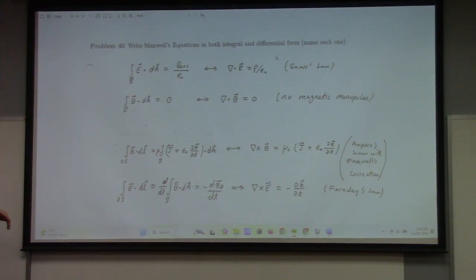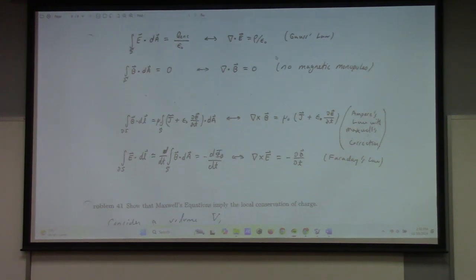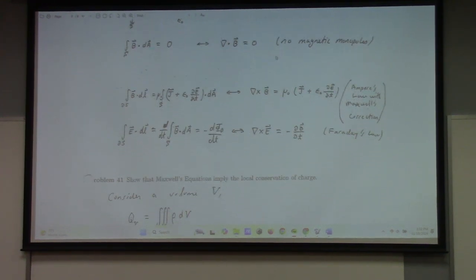We have Gauss's law, the no magnetic monopoles law, Ampere's law with Maxwell's correction, and then of course Faraday's law. These together are the story of electromagnetism. These are Maxwell's equations, discovered about the time of the War of Northern Aggression. Oh, I'm sorry, Civil War.